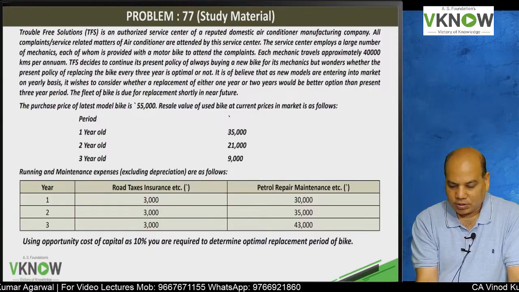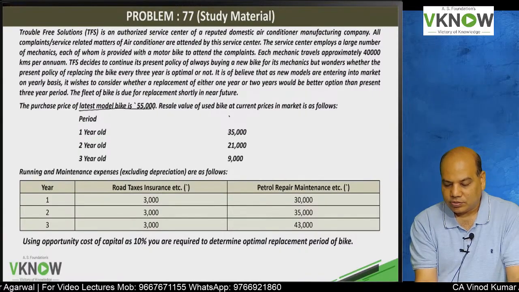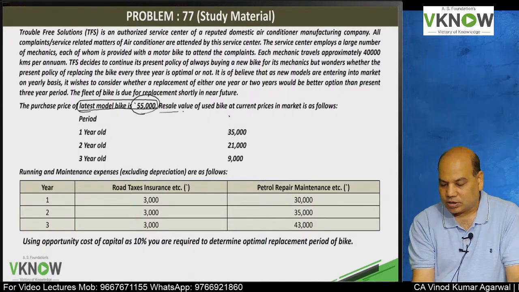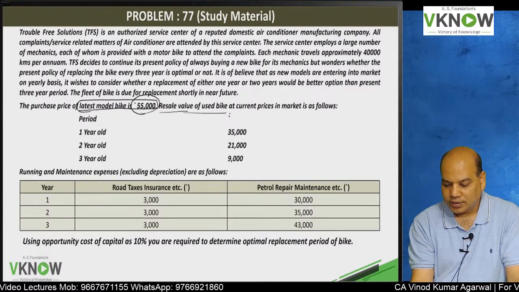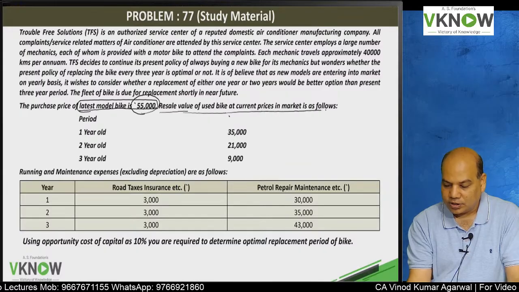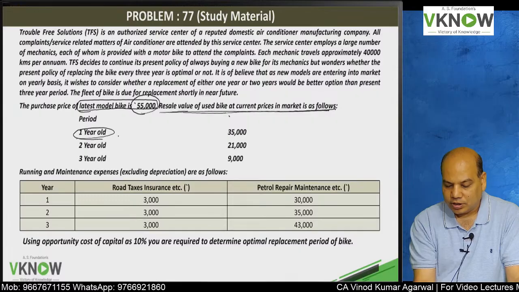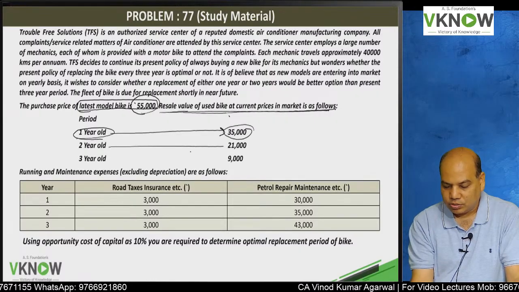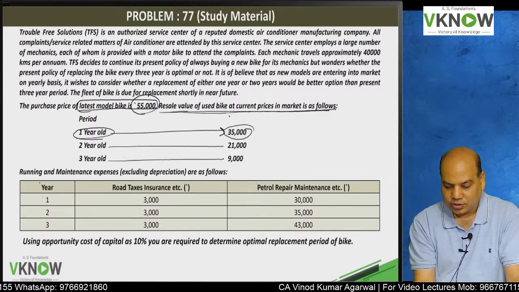Now, the purchase price of the latest model of the bike is 55,000 in year 0. The resale price of the used bike at current prices in the market is as follows. If you sell after 1 year, scrap value 35,000, after 2 years 21,000, after 3 years 9,000.